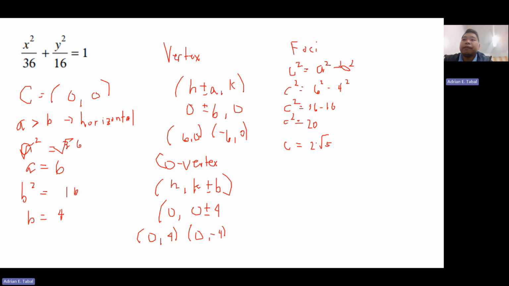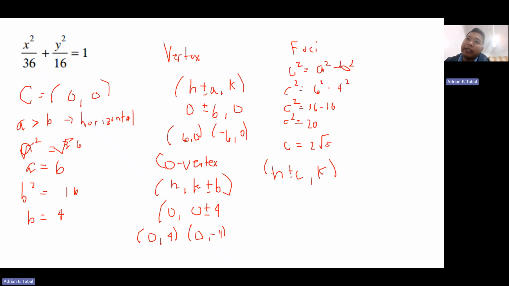So the coordinates of our foci, since this is horizontal, we have H plus or minus C. There are only 2 foci for the ellipse, and this is a clarification for the question before. Someone had a question about how many foci an ellipse has.